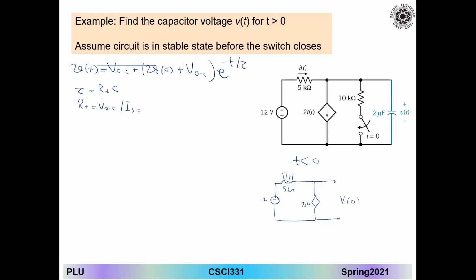Then we move to the second part, when you connect your circuit to find the I short circuit after the switch is closed. Think about what we're still missing here.